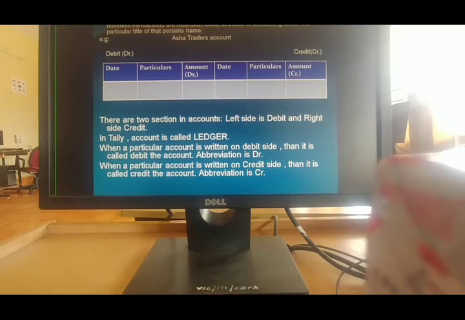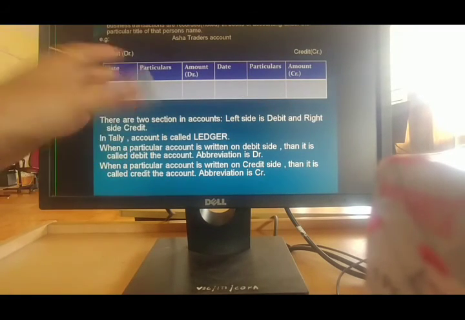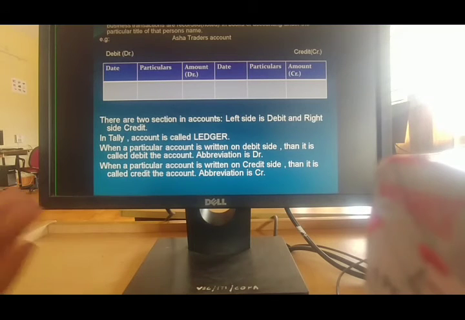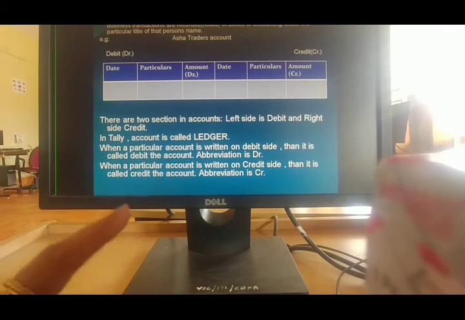It is vice versa, and why does this happen? Because of the three account types. Based on these three account types, personal account, real account, and nominal account, the definition of debit and credit changes. Sometimes debit will be a profit and sometimes a loss, based on the account type and its account rules, which you will be learning further.